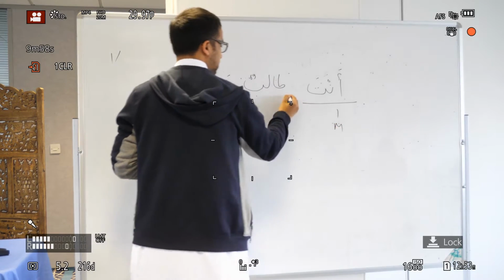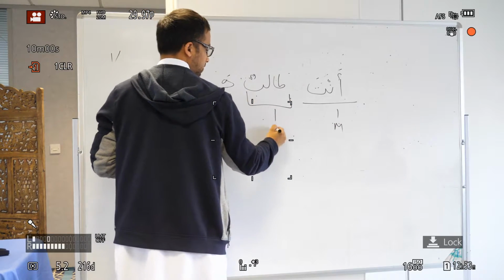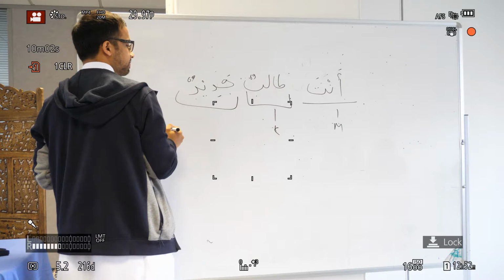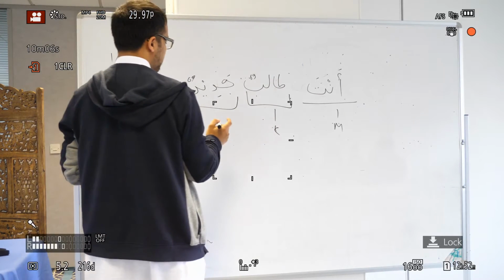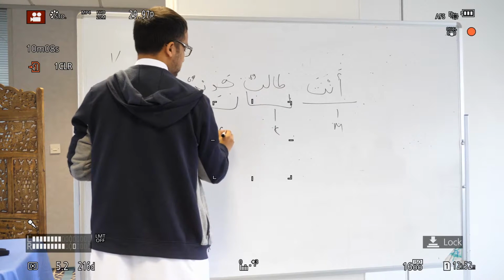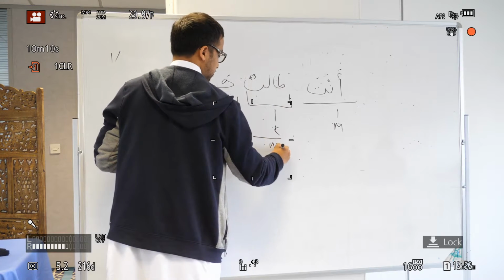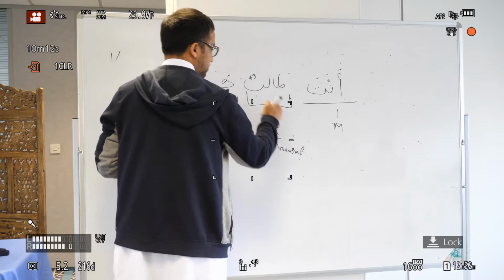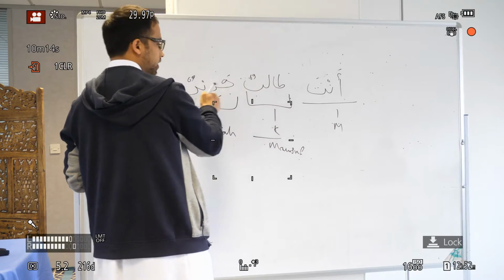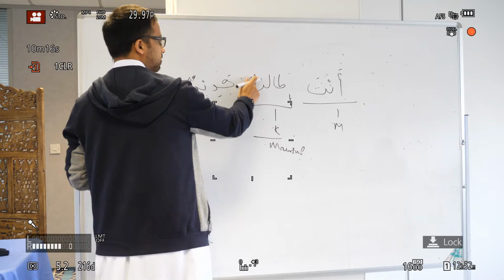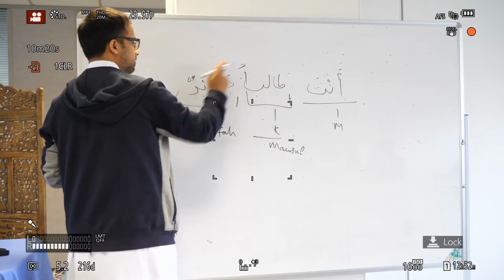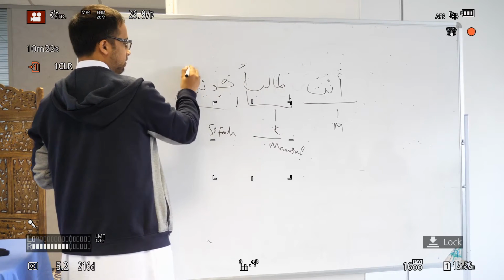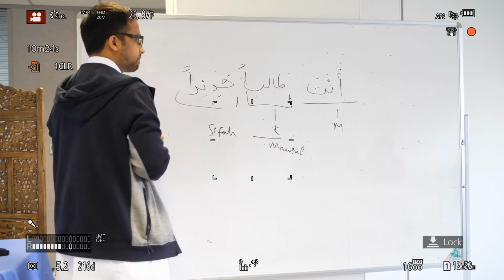Where's the mubtada? Here. Where's the khabar? Here. What's this doing here? Which is the sifa? This is the sifa. Where's the mawsuf? So whatever happens to this has to happen to this. If I say ṭāliban now, it's no longer mawsuf sifa anymore. So that has to change as well.